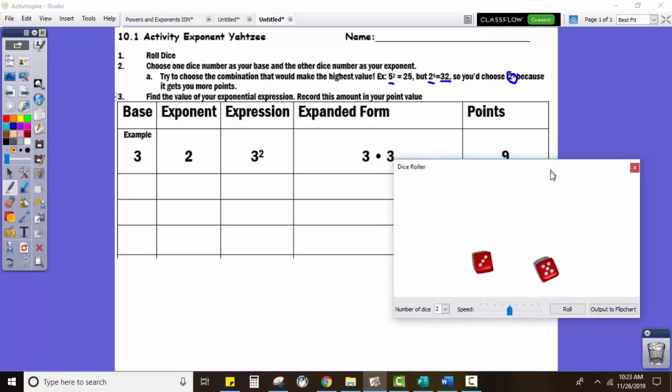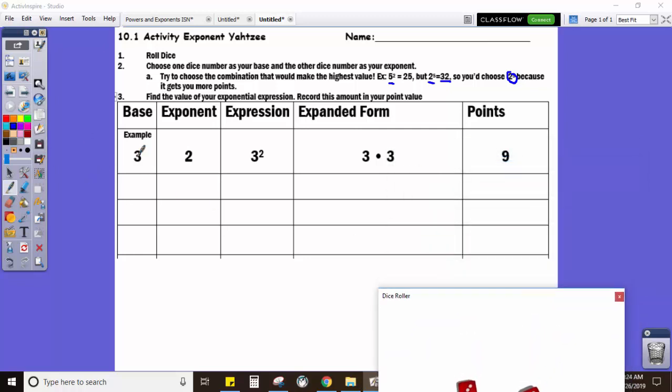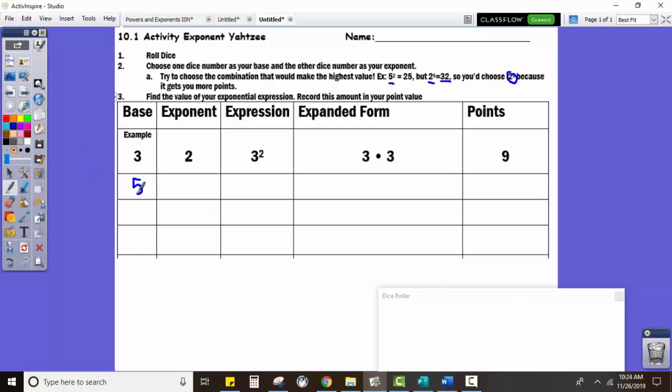So I have a 5 and a 3, so there's two options. I could do 5 to the third power, so that would be 5 to the third power, or 5 times 5 times 5, which I know is 125. You can use your calculator. Or I could flip it around and I could do 3 to the fifth power.